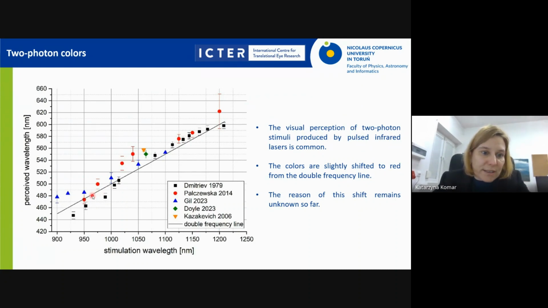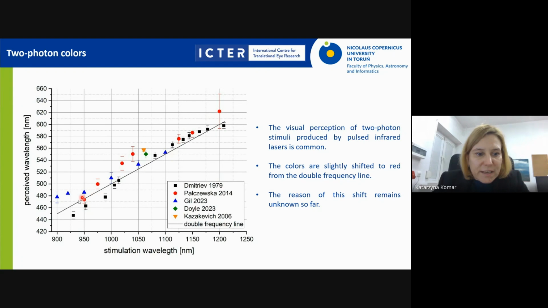Our results are shown by these red points, and you can see here that this visual perception of two-photon stimuli is very common. You can obtain it using similar lasers in every laboratory. However, almost all of those colors are slightly shifted to the red from the double frequency line.